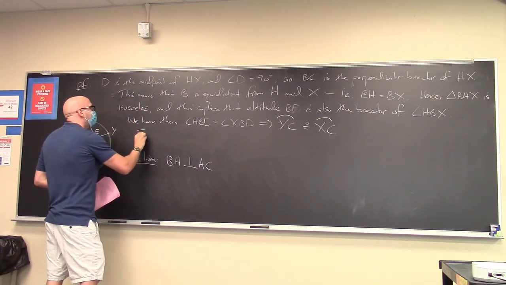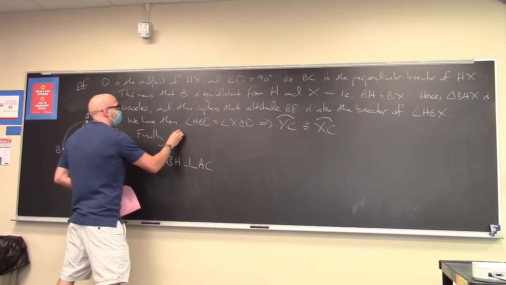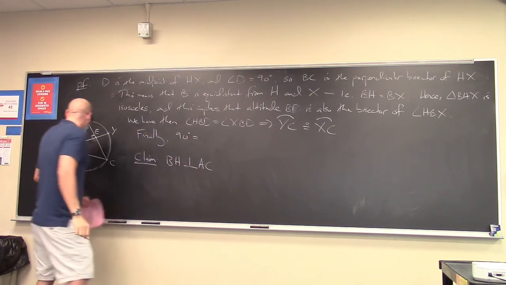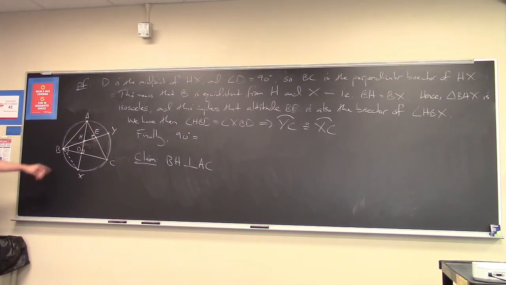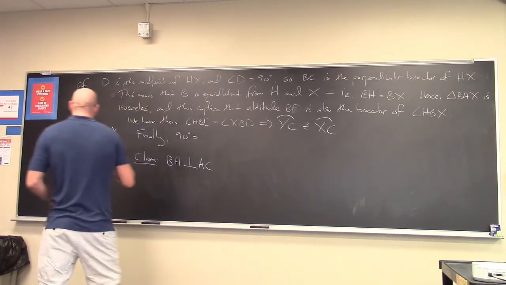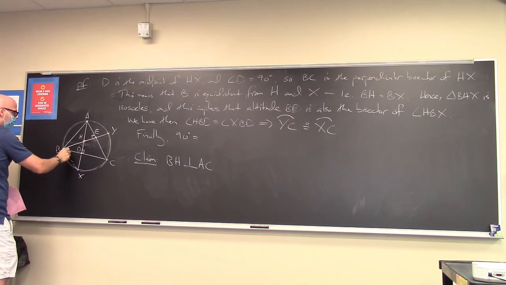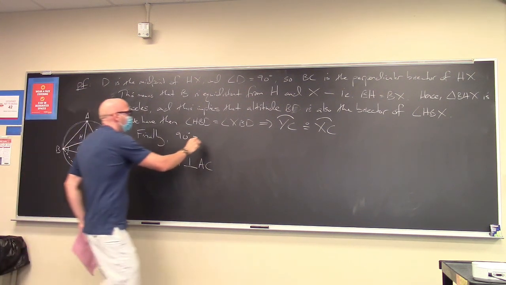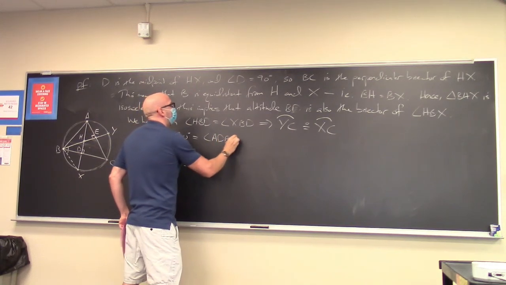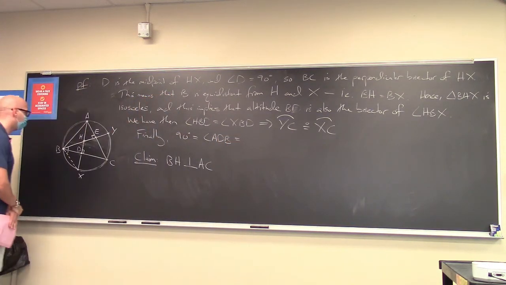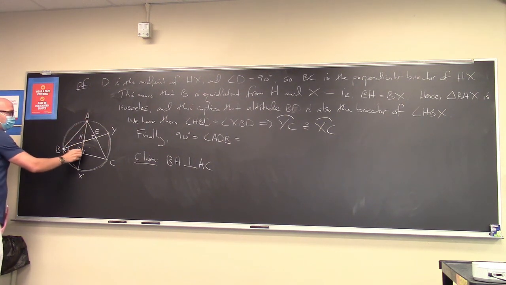So finally, here's what we're going to do. 90 degrees. What's that equal to? Well, that's equal to one of these angles down here. I'm going to go with ADB. All right, so 90 degrees is equal to ADB.